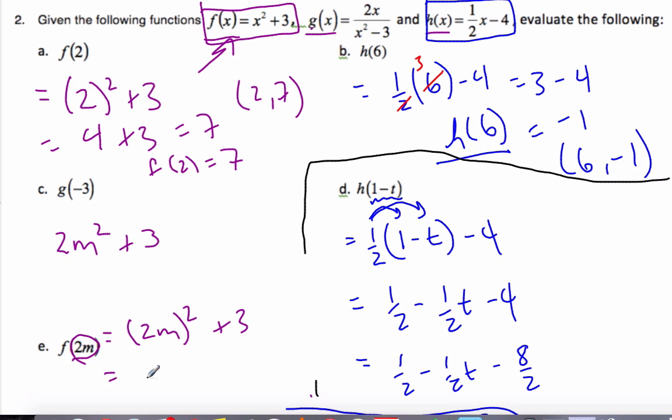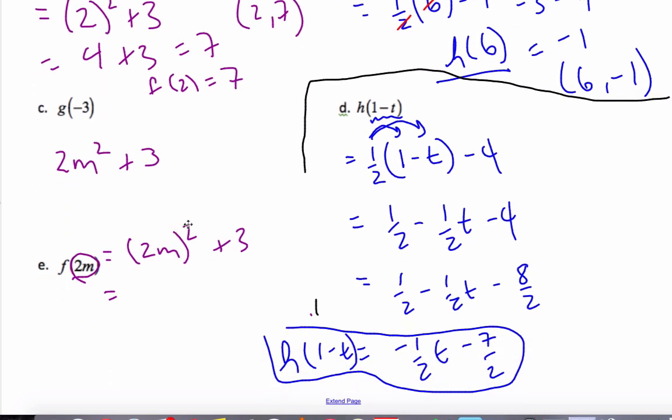The correct way, when I do it in parentheses, I'm going to square everything. So the 2 gets squared, the m gets squared, so 2 squared is 4, m squared, and then plus 3. This one is wrong. Everything is squared. The whole x value gets squared. So let's make sure we don't fall into that trap.